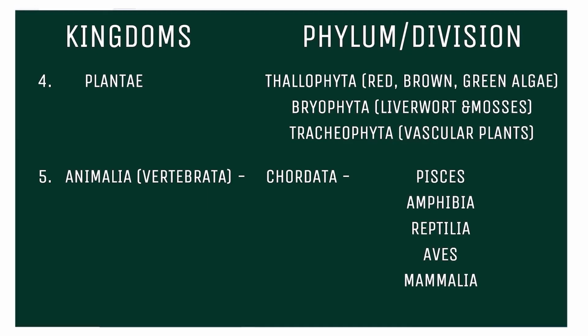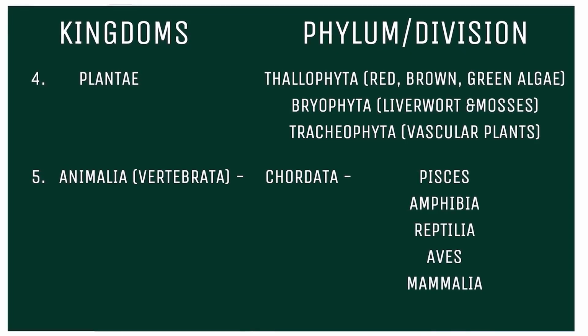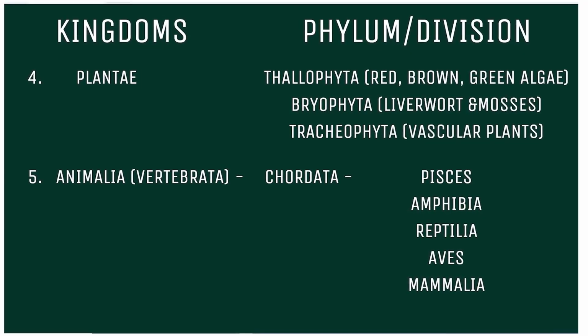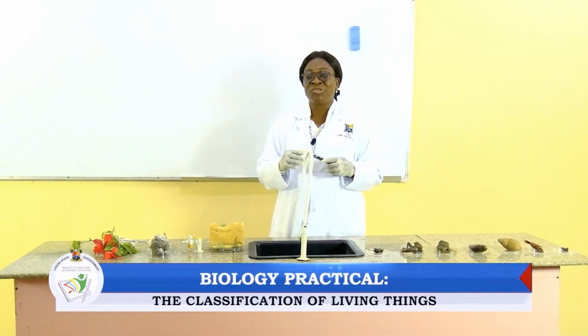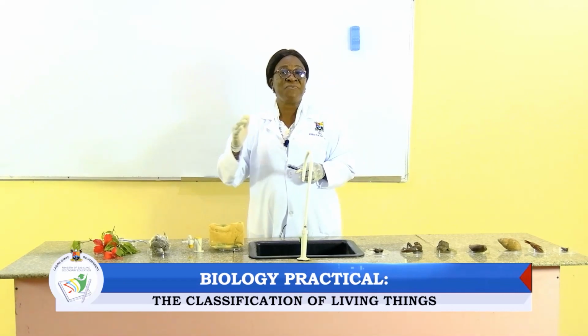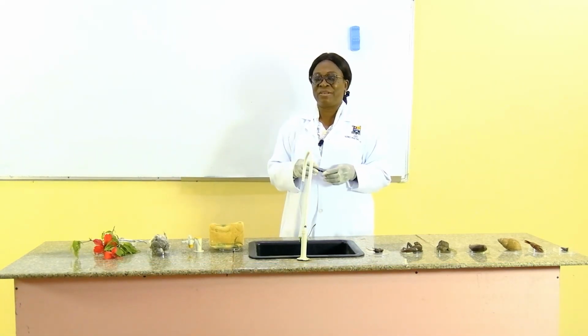The last group, which you and I belong to, is Kingdom Animalia. Kingdom Animalia can be divided into 2. We have the invertebrates and we have the vertebrates. What do we mean by invertebrates and vertebrates?